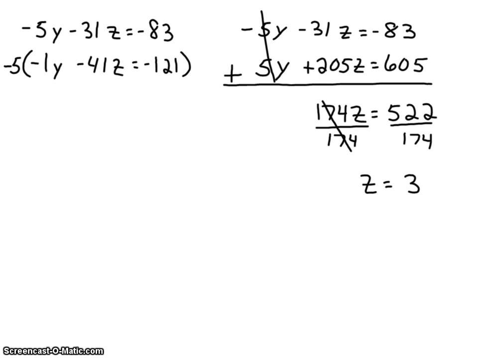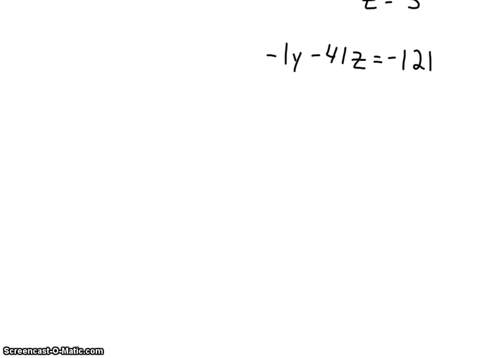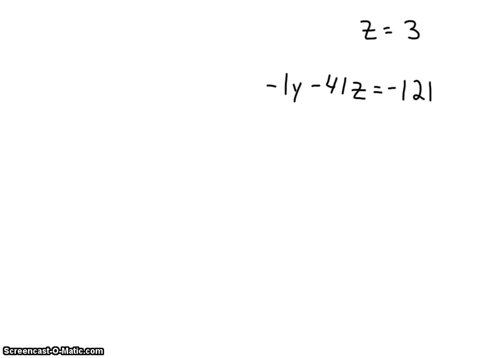Now what we do is we take one of those two equations with two variables, and we substitute z in order to solve for y. So I'm going to use the equation negative 1y minus 41z equals negative 121. This process right now is called back substitution because we are substituting our answers backwards. For example, we just found out that z equals 3.